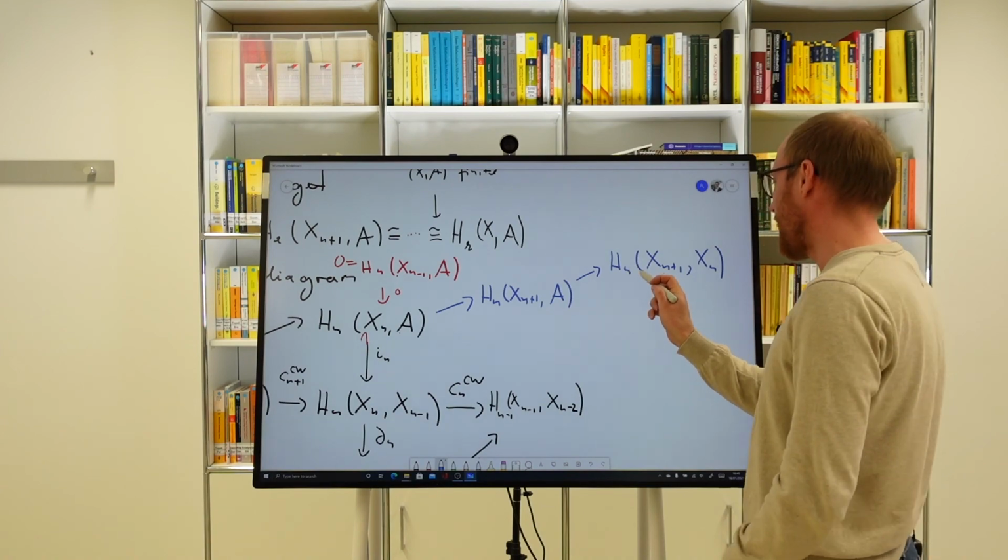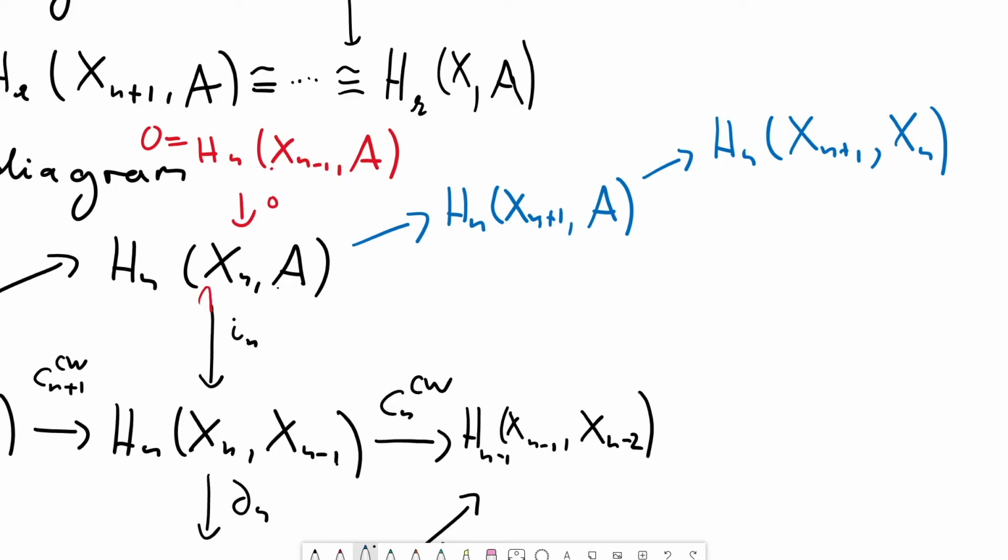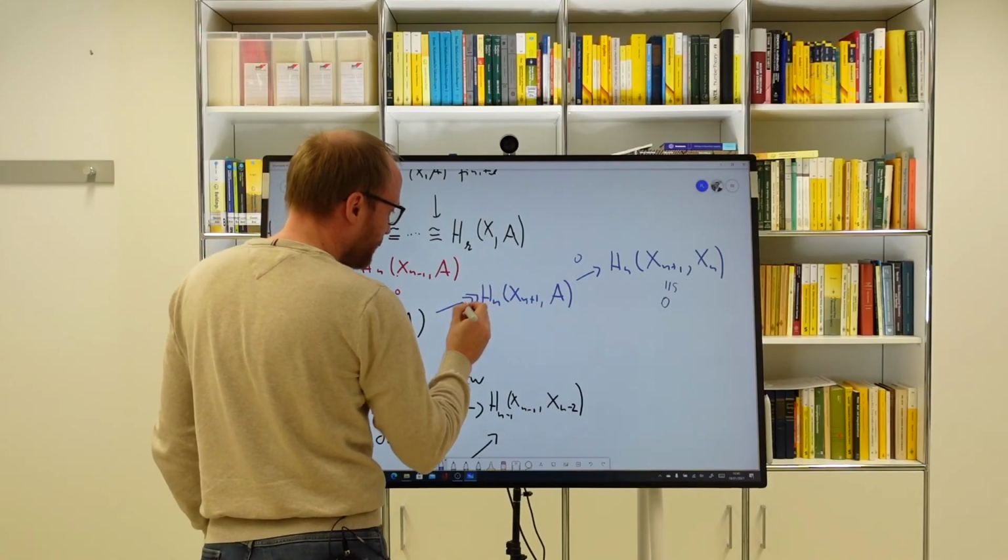So now we've got Hn of Xn plus 1 comma Xn, and now we use again what we computed above. We computed the homology of this pair here, and it was only non-zero in the degree that's written here, but we are one lower here, so this is just 0 for an ordinary homology theory, as we are assuming here. So this being 0 means this arrow is 0, and that means the previous arrow here is surjective.